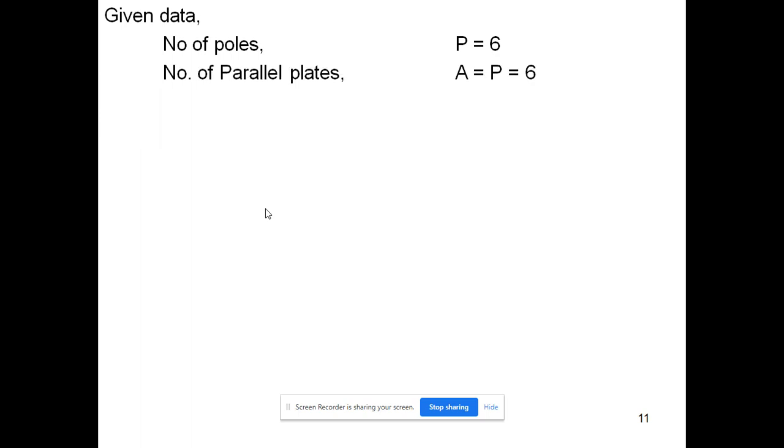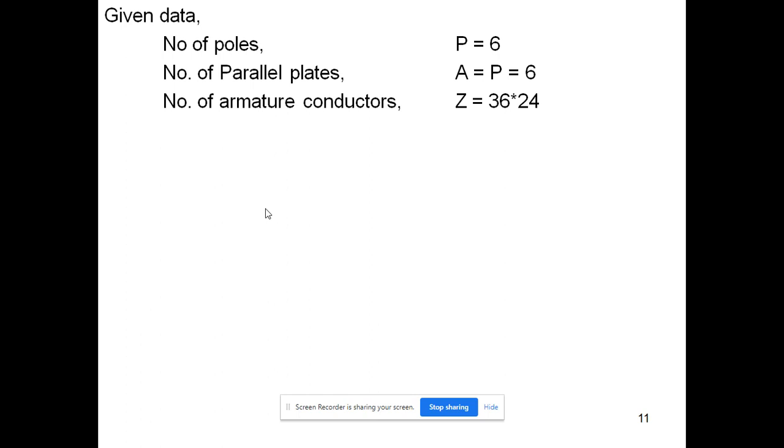Number of parallel paths is represented as A. Since it is lap winding, the number of parallel paths will be equal to the number of poles, which is equal to 6. Now the number of armature conductors. Here in the problem it is given that there are 36 slots and 24 conductors.